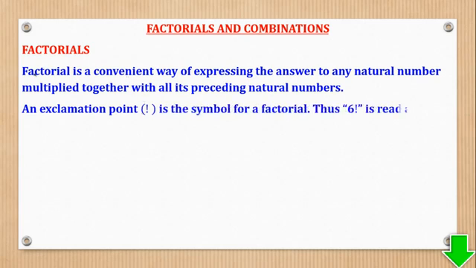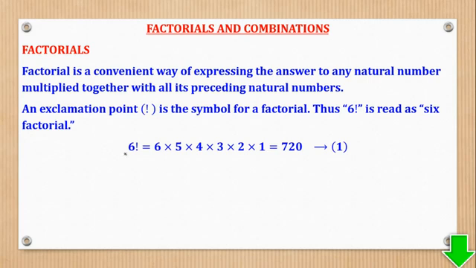And we use a symbol, this exclamation mark, to denote factorial. Therefore, if I write 6 exclamation mark, it means 6 factorial in this topic. When I write 6 factorial, all the preceding natural numbers are multiplied.